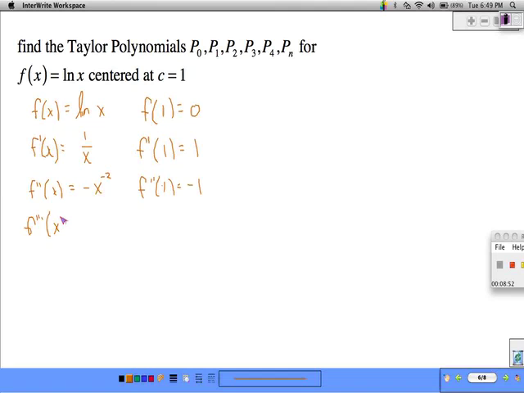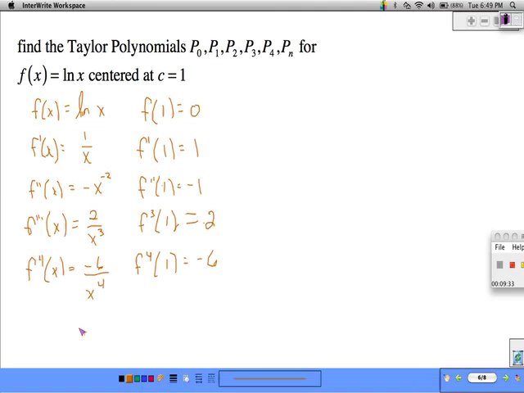The third derivative will be 2 over x cubed. Evaluated at 1 being 2. The fourth derivative, negative 6 over x to the fourth, and evaluated at 1, we get negative 6.